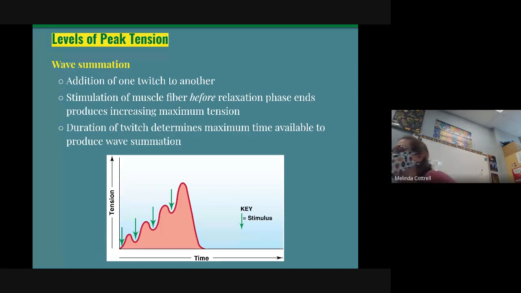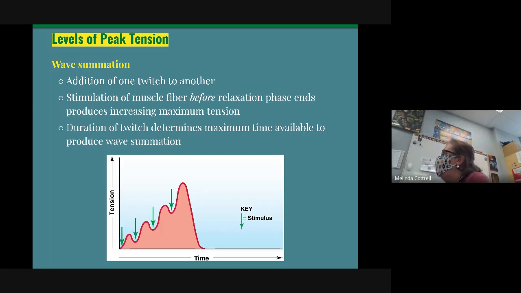It's a powerful contraction. You can see where the summation comes from.